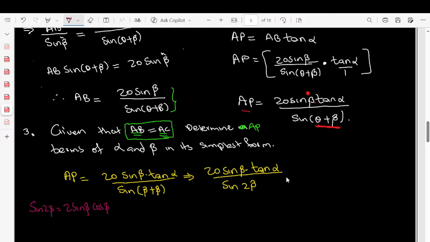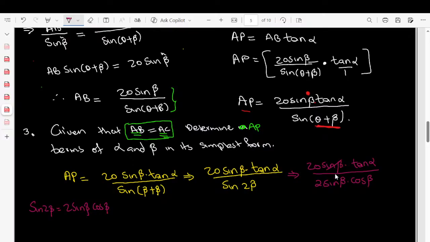So if we change this, it's going to be 20 the sine beta multiplied by the tan alpha, and everything is divided by 2 sine beta times the cos beta.